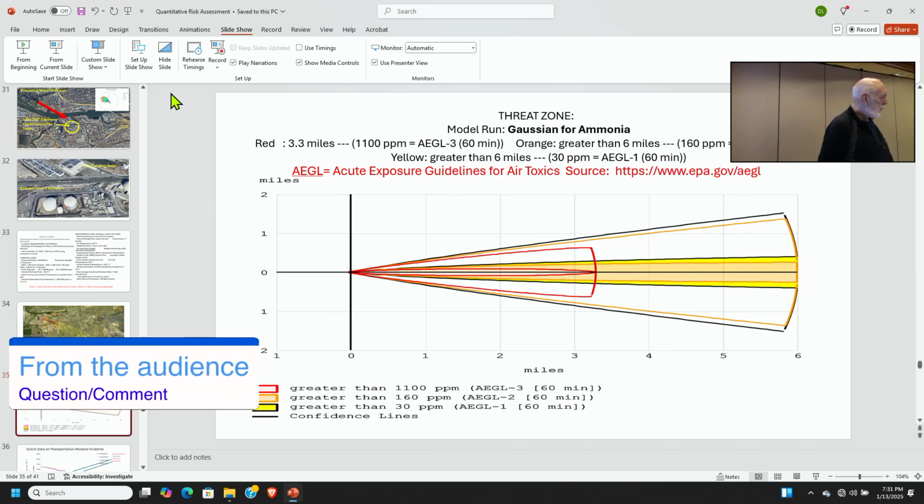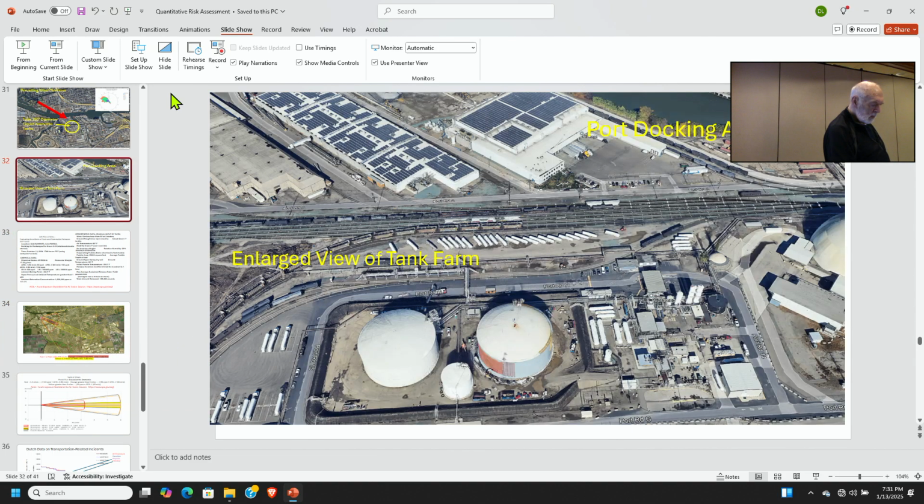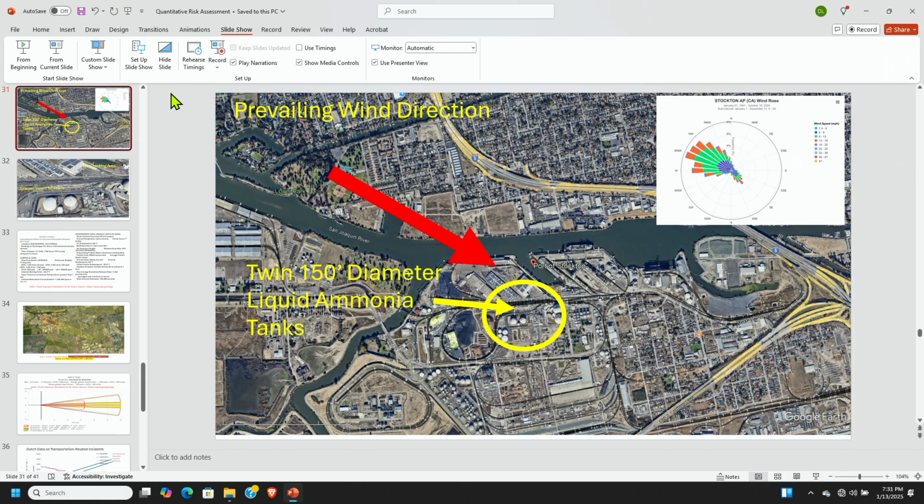So the yellow zone that extended 6 miles, that's considering a prevailing wind at the time? Yeah, it is. I had introduced the previous slide. There's the windrows in the upper right, and that shows the prevailing wind.